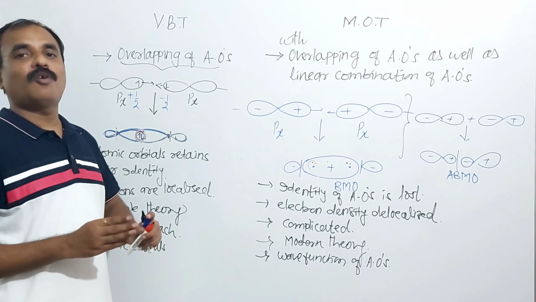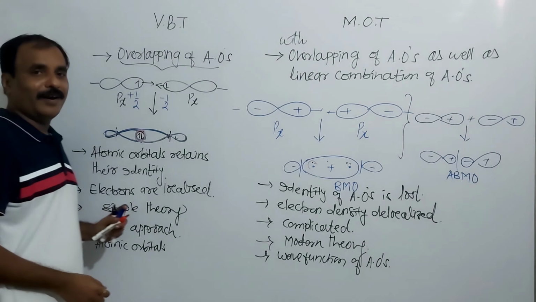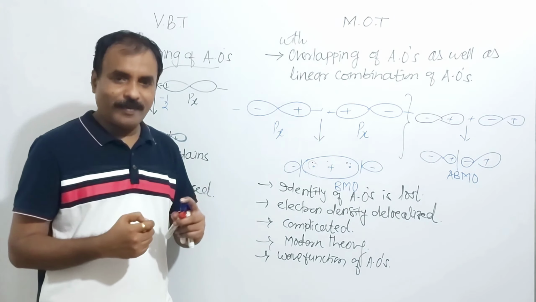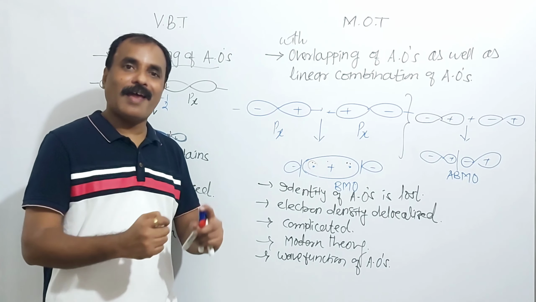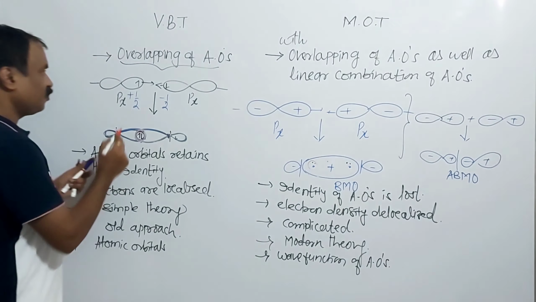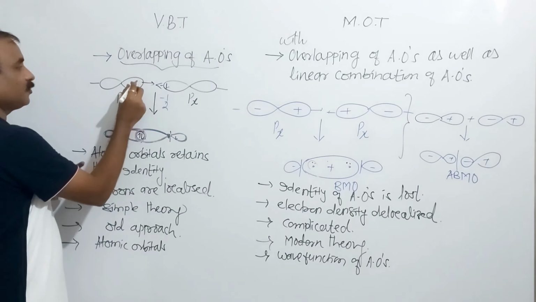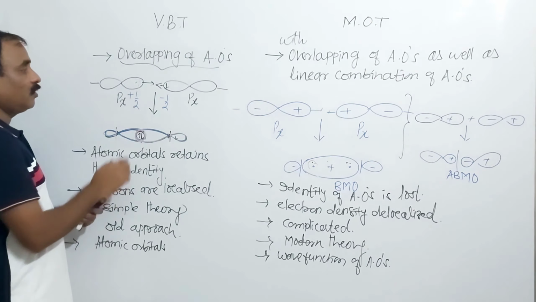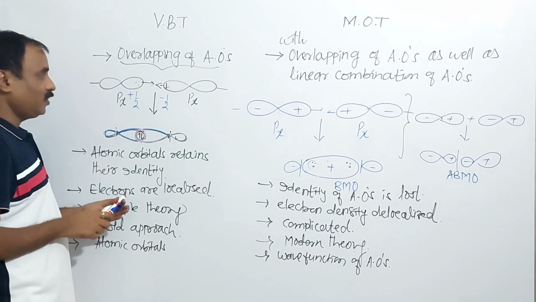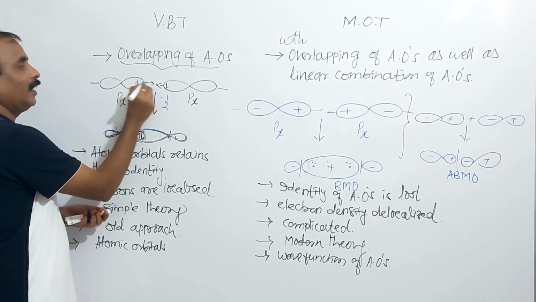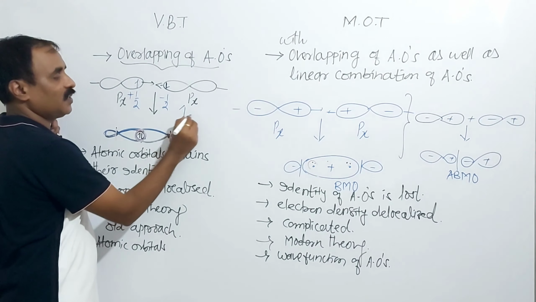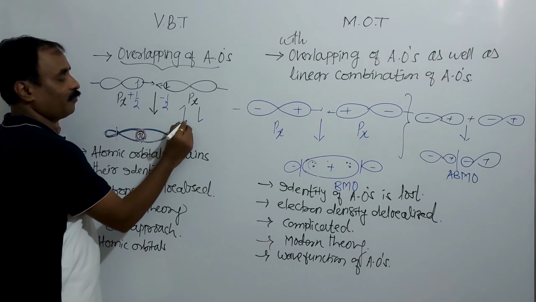In case of valence bond theory, atomic orbitals are considered for overlapping, atomic orbitals with unpaired electrons with anti-parallel spin. Electron spin should be anti-parallel here like this, plus half clockwise, anti-clockwise. So here it is plus half and here it is minus half.